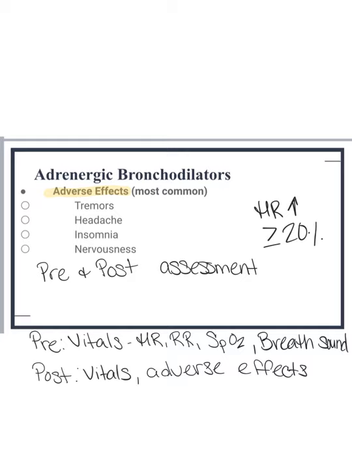So an adverse effect would be that increased heart rate. So you would chart it, and that may be another time that you're saying, okay, well, every time I give him albuterol, this just isn't working. His heart rate is going up. Maybe it's time to think about switching him over to Xopenex.